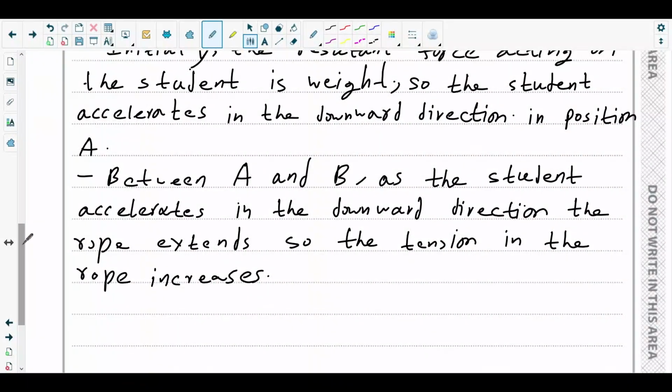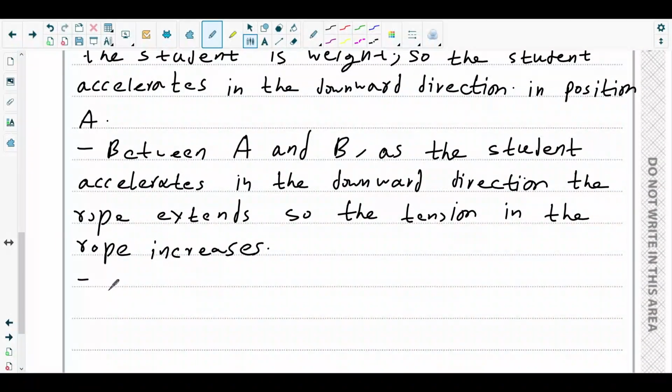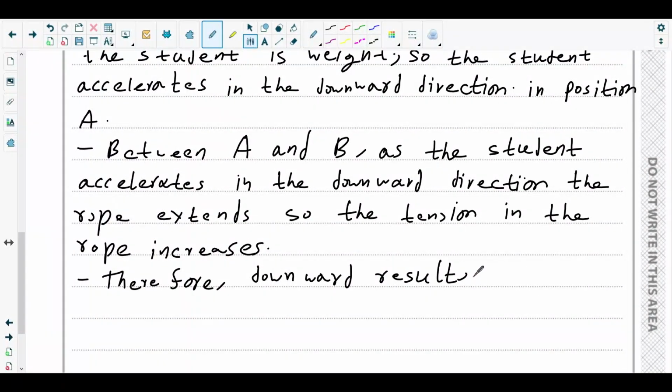Therefore, the resultant force, let's mention the direction, the downward resultant force decreases.